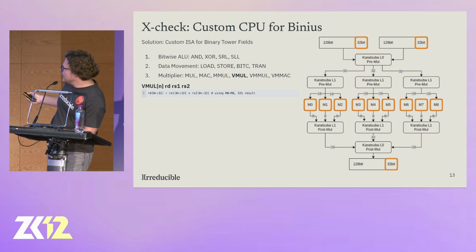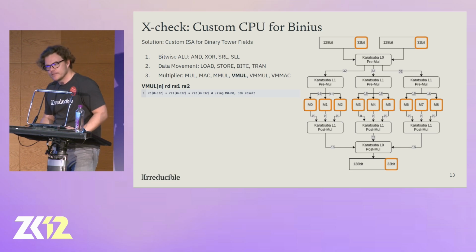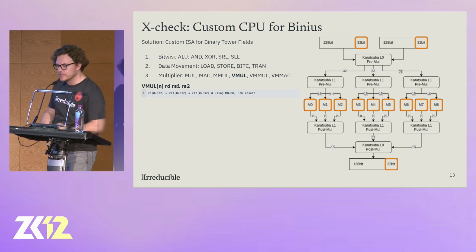There are 9 8-bit multipliers, then another layer of Karatsuba, and you are able to provide the result. In this particular example, when your operands are 32-bit each, you actually end up using all 9 quote-unquote small multipliers which work in 8-bit resolution and get the result.